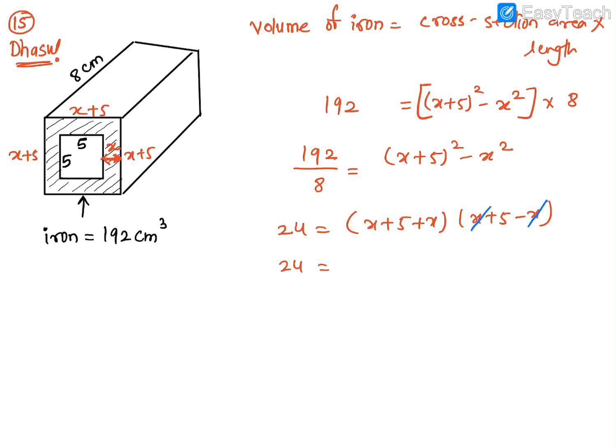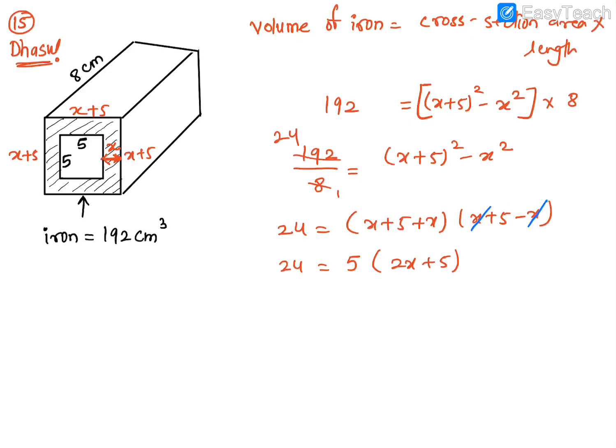So now it will be 5 into 2x plus 5. So it will be how much? No, there is some mistake here. 8 1s are 8, 8 2s are 16, 8 3s are 24, so this is 24. Because it can't be in negative. Again I made some mistake.